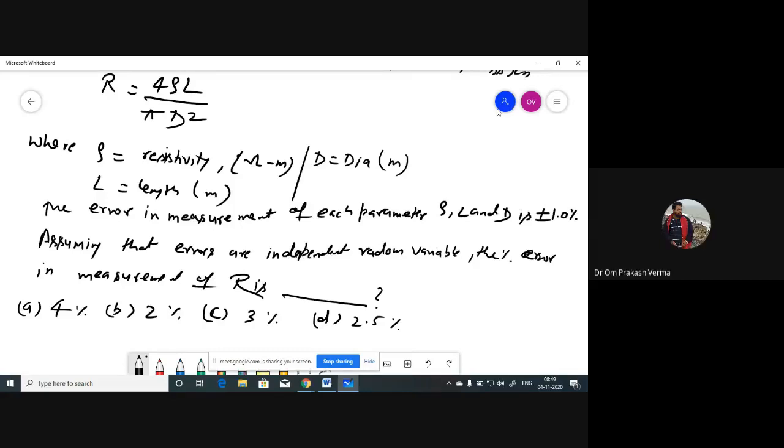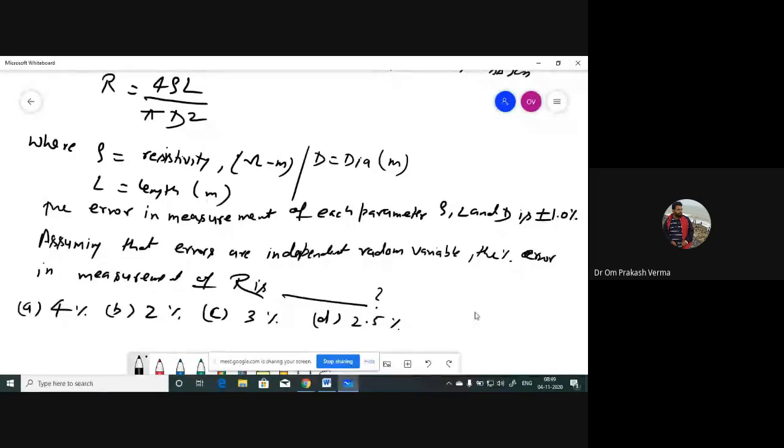Maximum error. 4. Option A, 4%. Yes, sir. Any doubt?